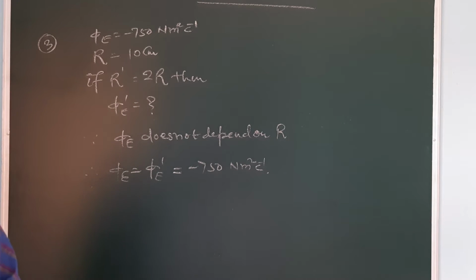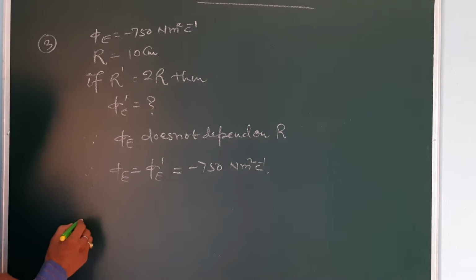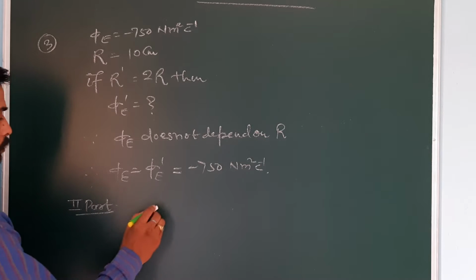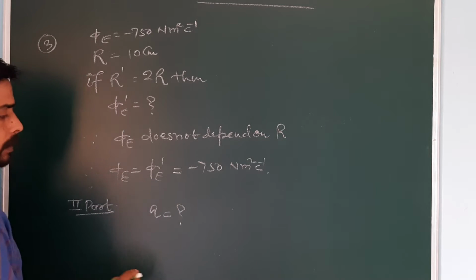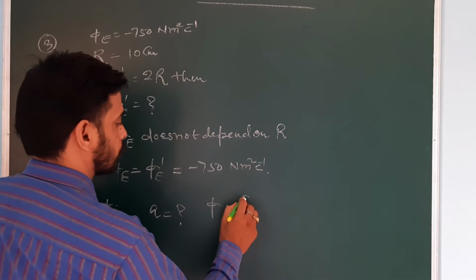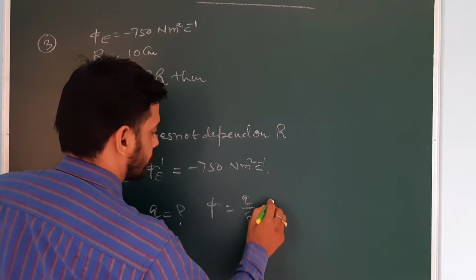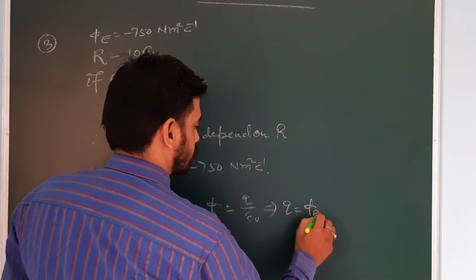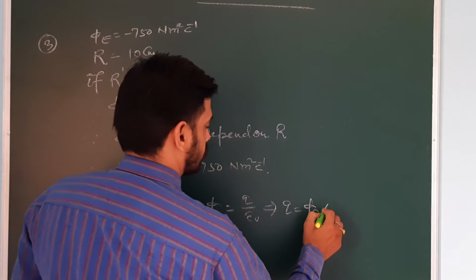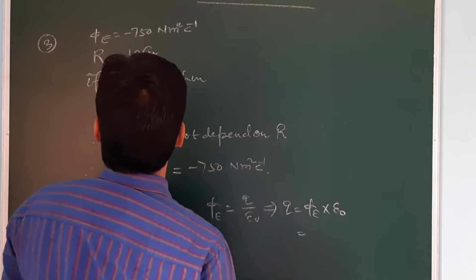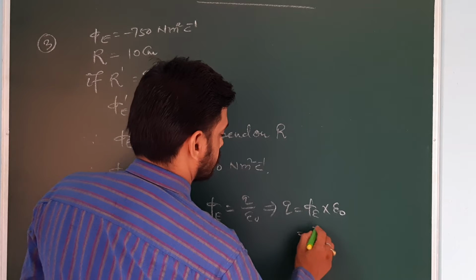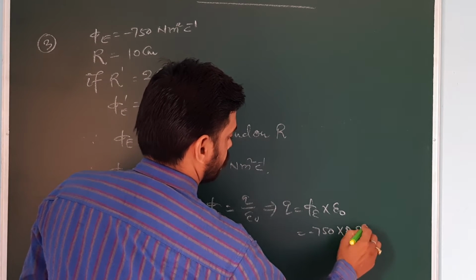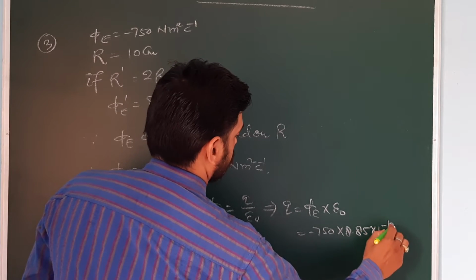What is the magnitude of the point charge? That is the second part. Q is the question mark. As you know, phi is equal to Q by epsilon naught. Therefore Q is equal to phi E into epsilon naught. Phi you have is minus 750, into epsilon naught 8.85 into 10 power minus 12.